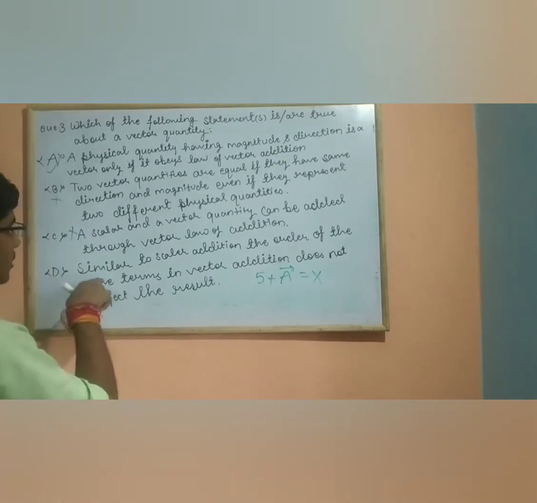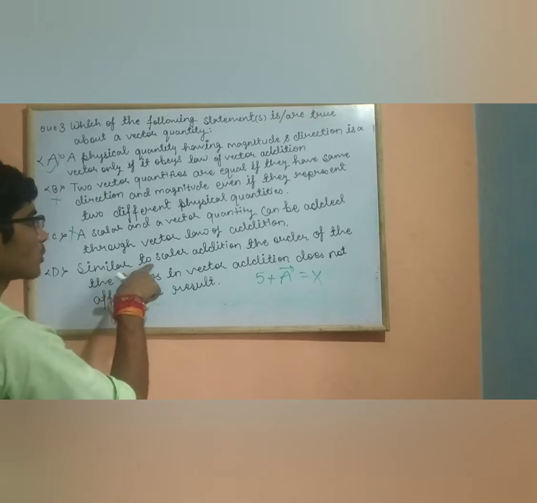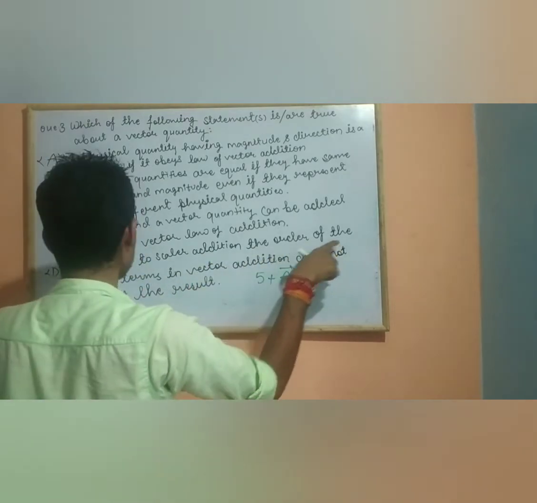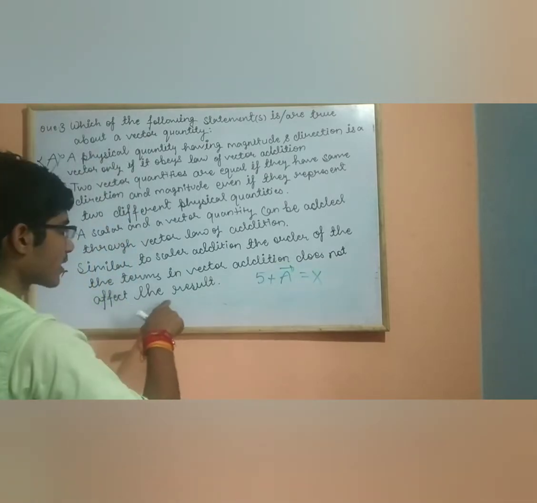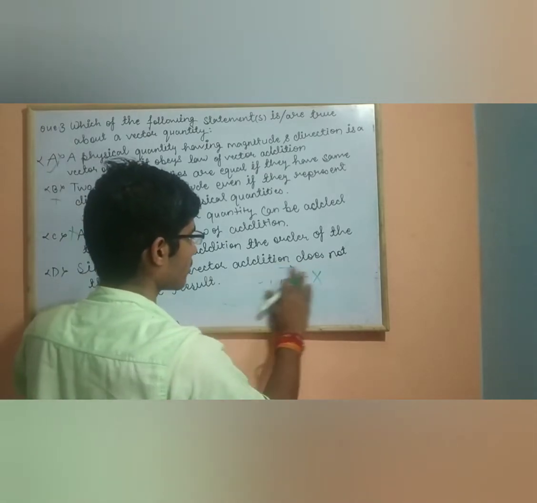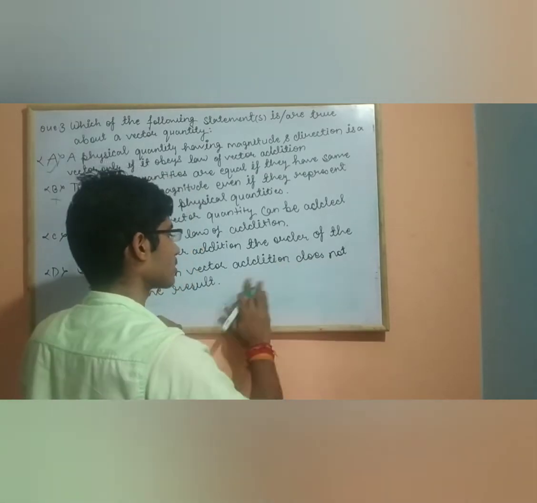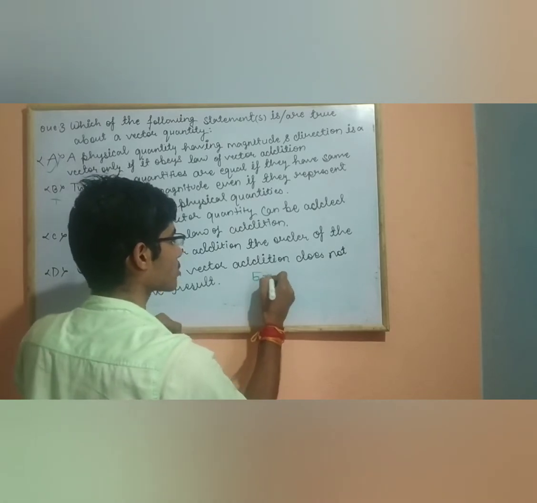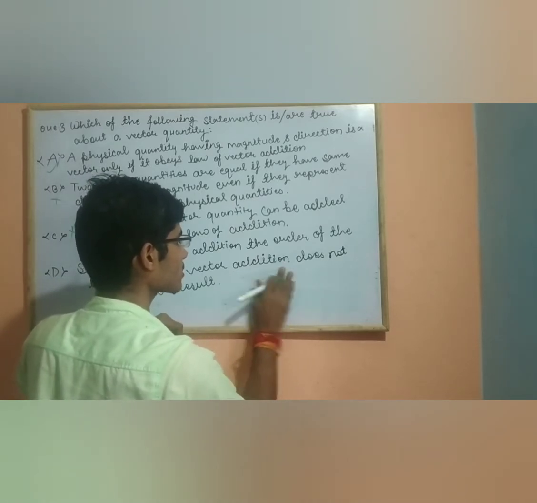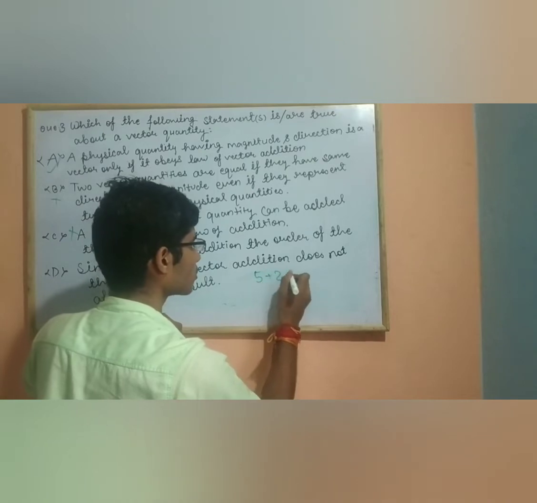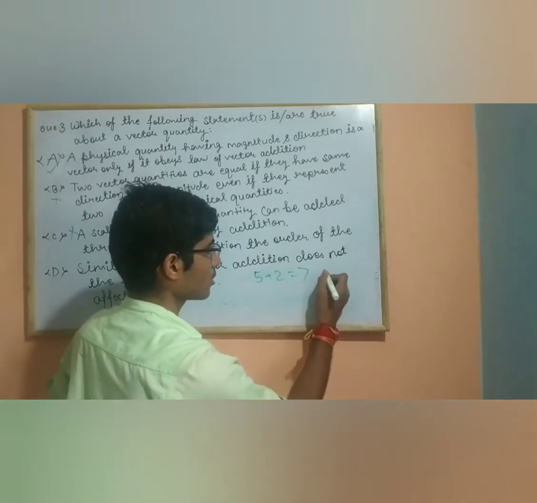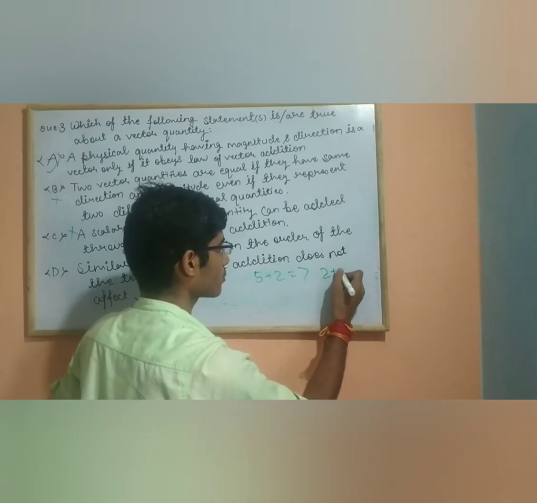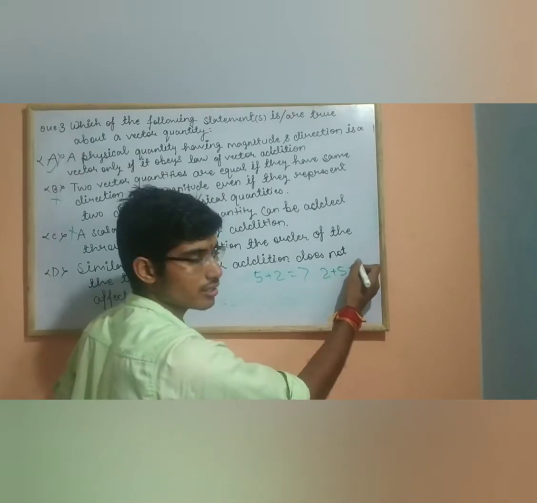Option D says similar to a scalar addition, the order of the terms in vector addition does not affect the result. Means, for example, we can add 5 plus 2 equals 7, and if we change the order of the quantities, 2 plus 5, the result is the same, which is 7.